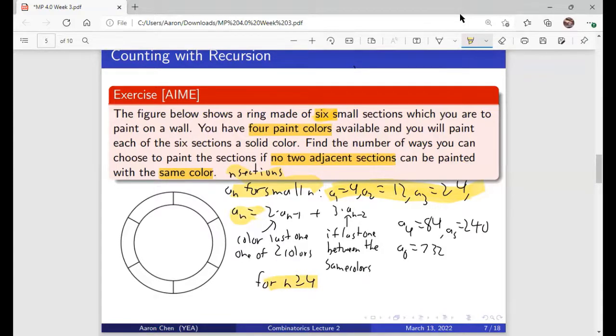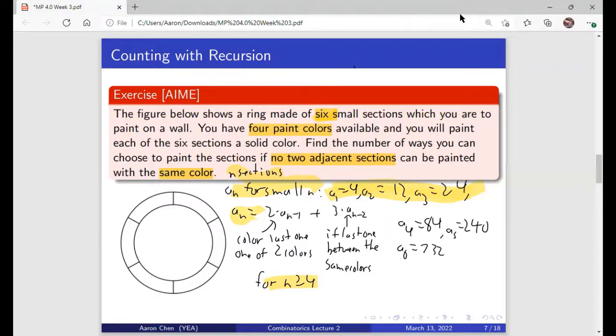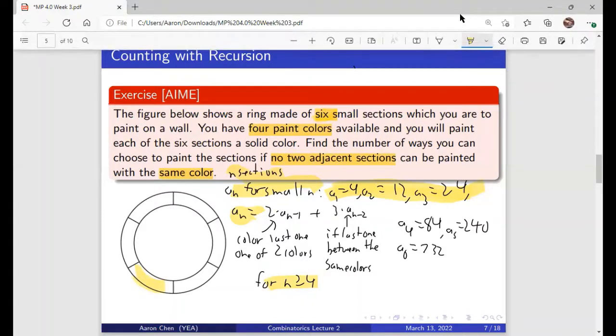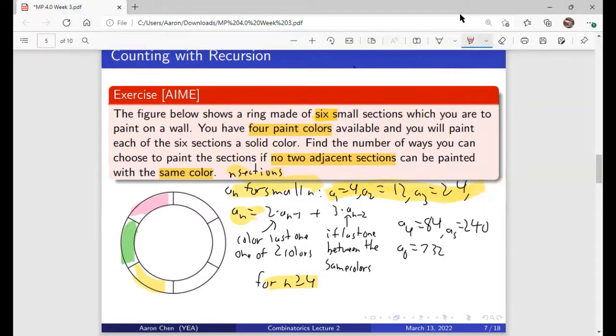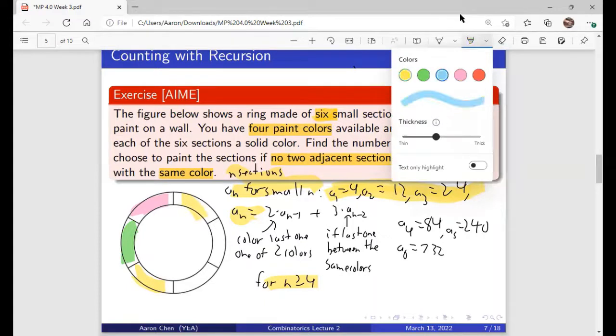first of all, we can just assume, for instance, that it goes something like blue, green, pink, yellow, red.